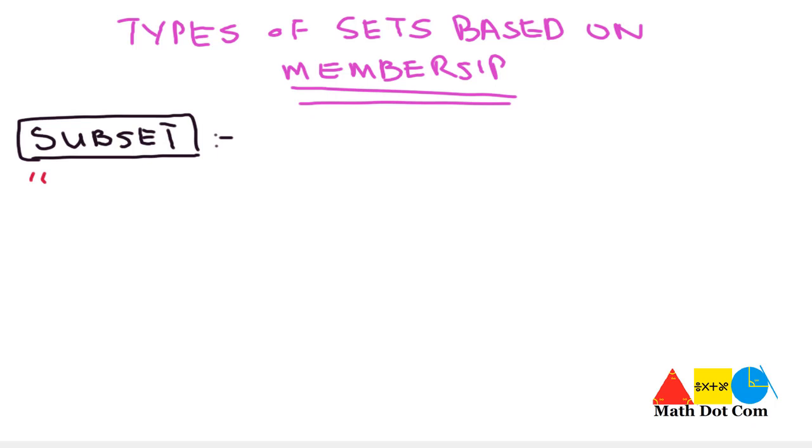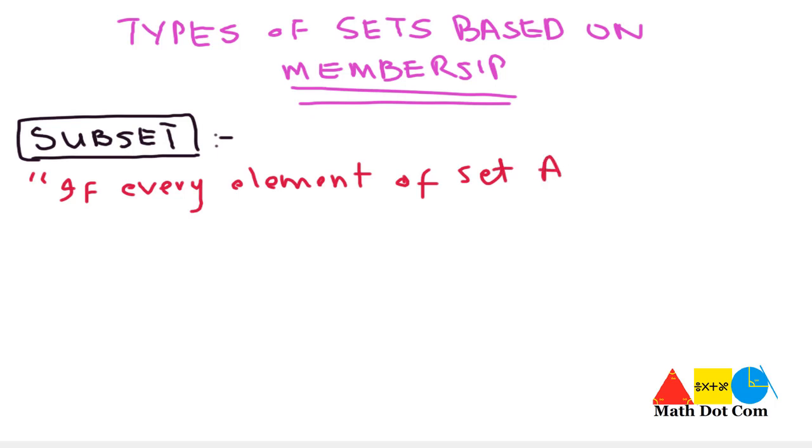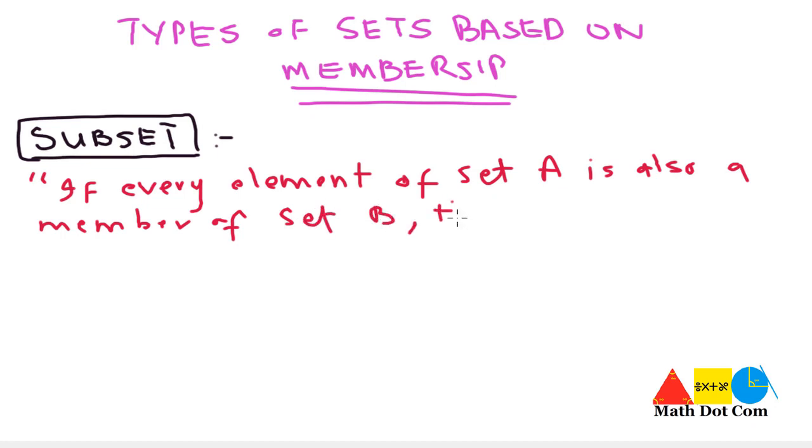How it is defined: if every element of set A is also a member of set B, then A is called the subset of B. So this is how it is stated.